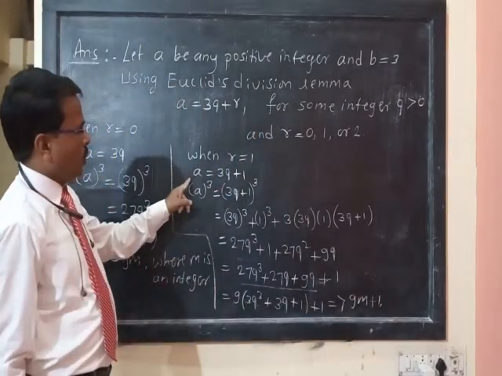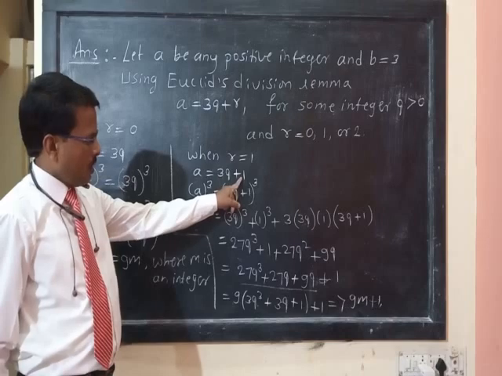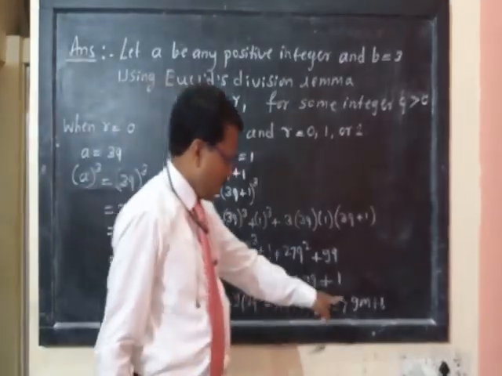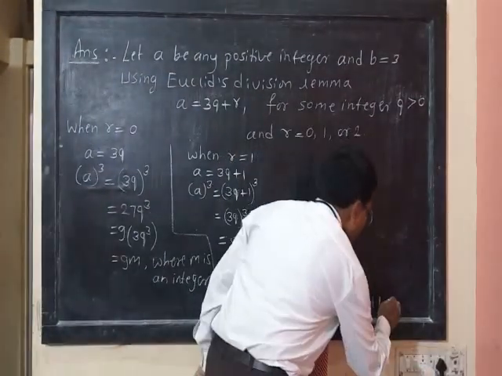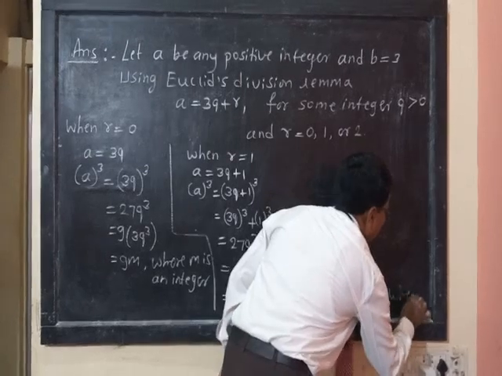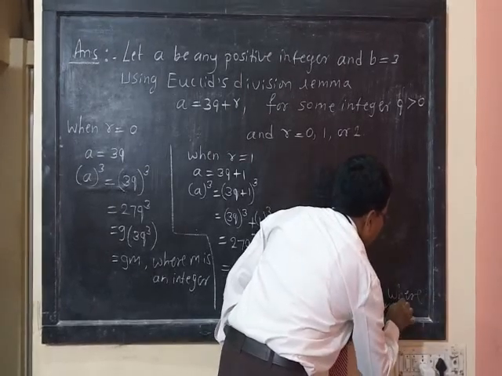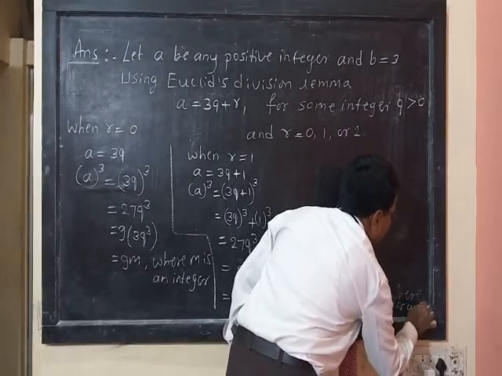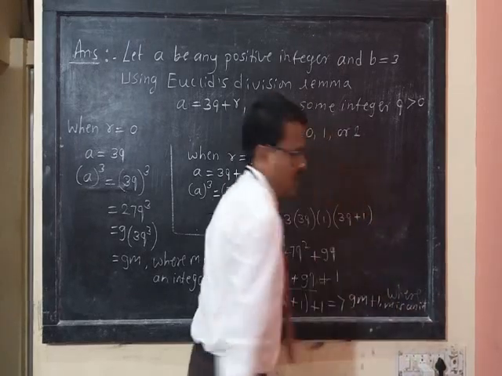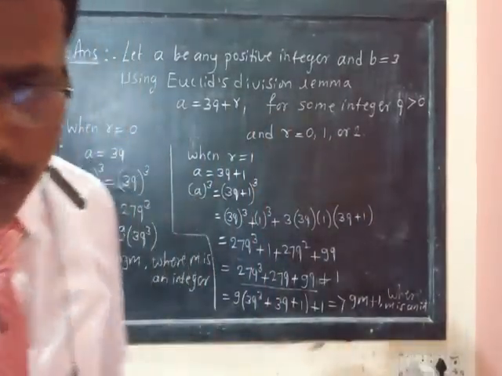So if A equal to 3q plus 1, we get 9m plus 1, where m is an integer.